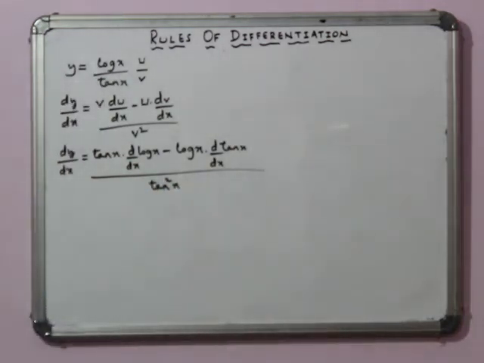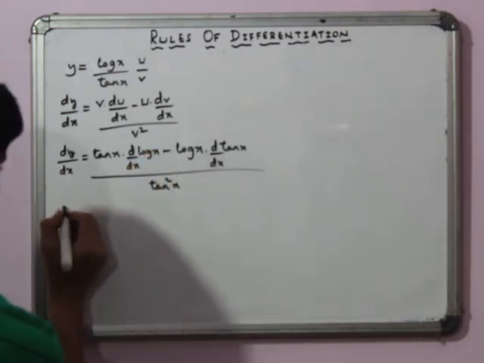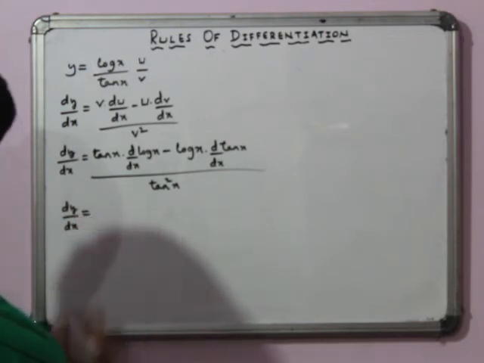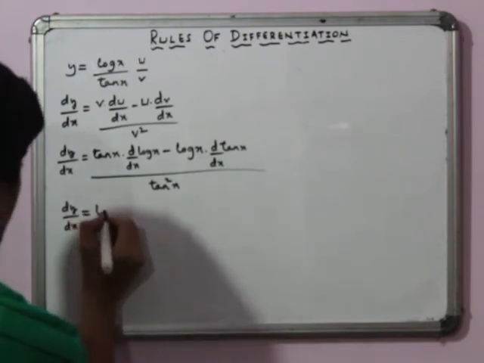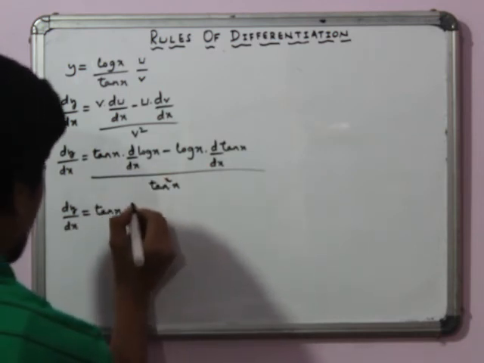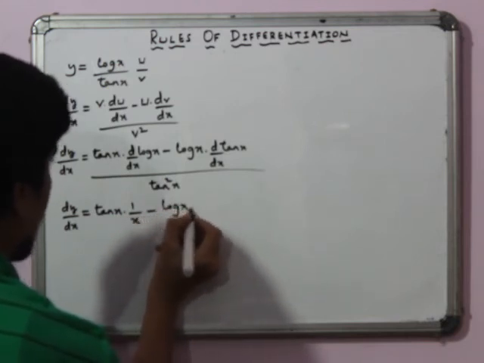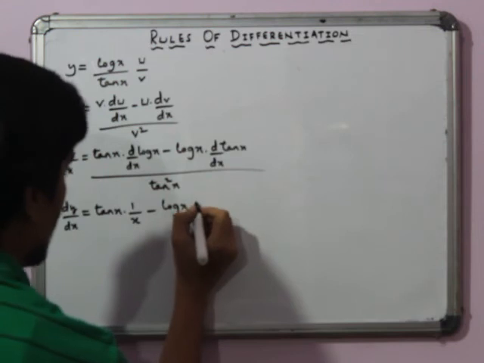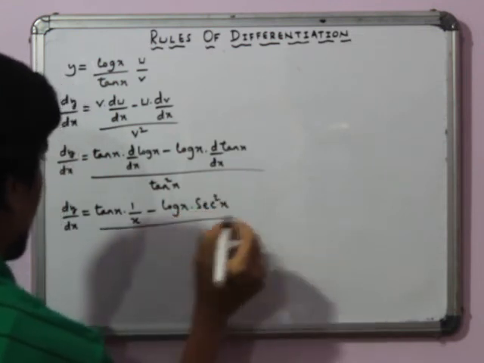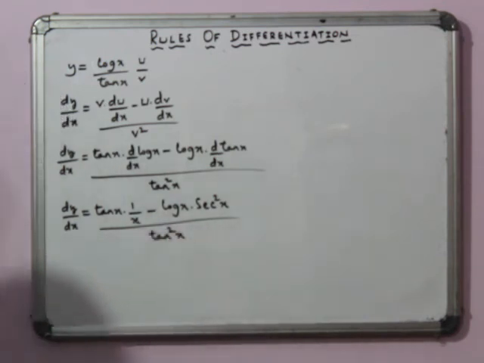Now let us find out the derivatives of log x and tan x and substitute the values. Dy by dx is equal to tan x as it is, into differentiation of log x, which is 1 by x, minus log x as it is, into differentiation of tan x, which is secant square x, whole term divided by tan square x.